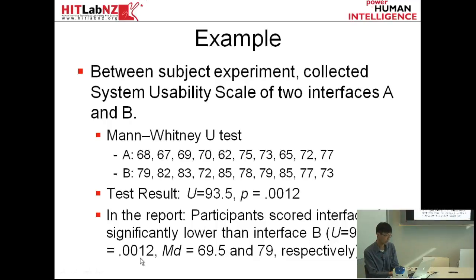So again, the inferential statistics, all it can say is if the difference is significant or not, but it cannot say which one is higher or lower. The conclusion that you draw here, saying interface A is significantly lower than B, is based on the descriptive statistics, such as in this case, the median value.